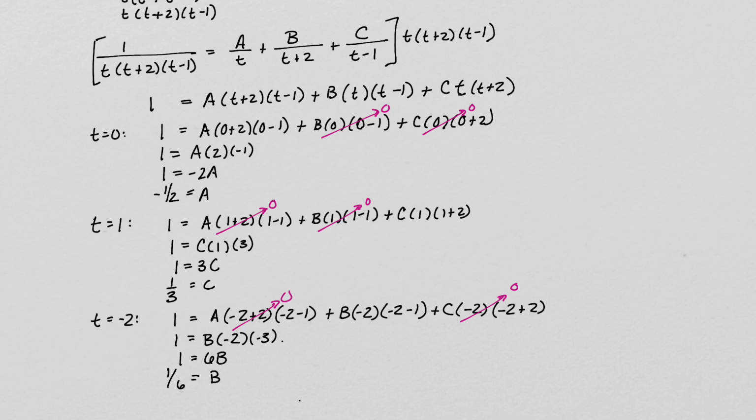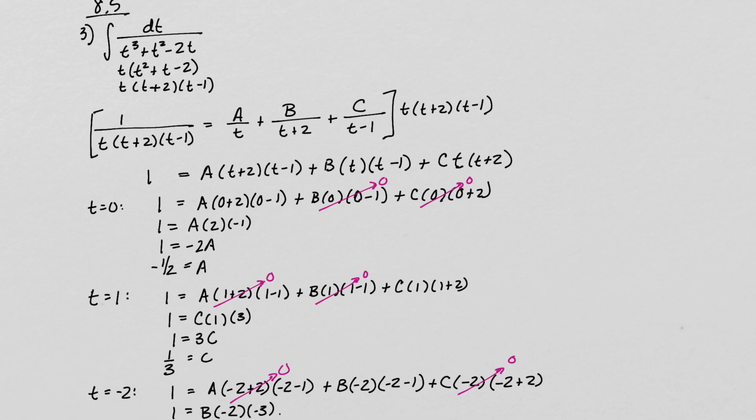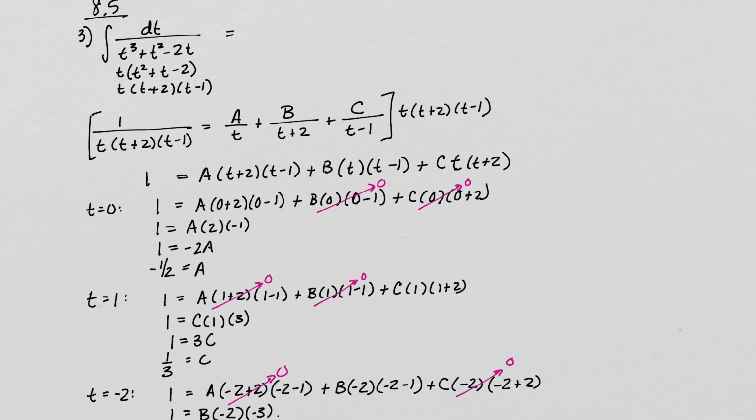So what that tells me is that if I come back to my beginning here, this is going to be the same as the integral of A, so minus 1/2 over t, plus B, which we said is 1/6, so 1/6 over t plus 2, plus C, which we said is 1/3 over t minus 1 dt.